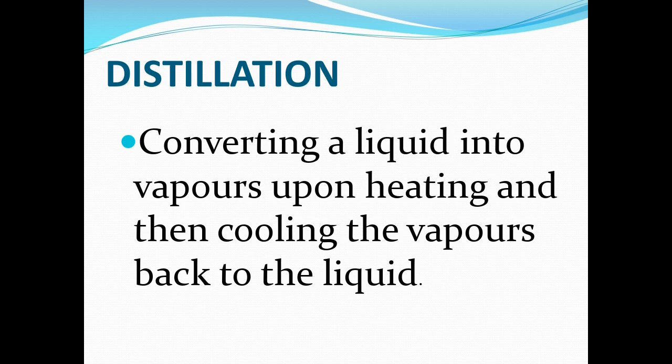The one having a low boiling point will evaporate first, and the second liquid, having a high boiling point, will evaporate after the first. Now there is another term, volatile. Volatile substances are those substances which evaporate easily.